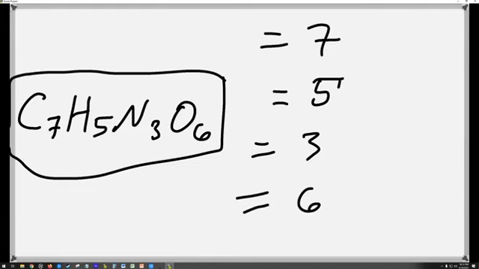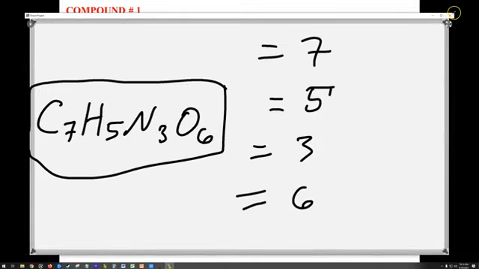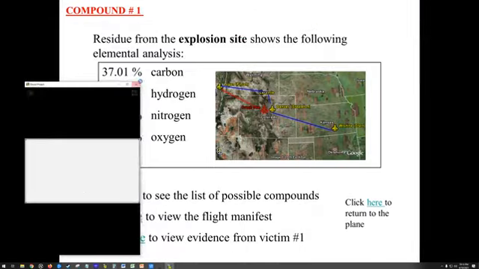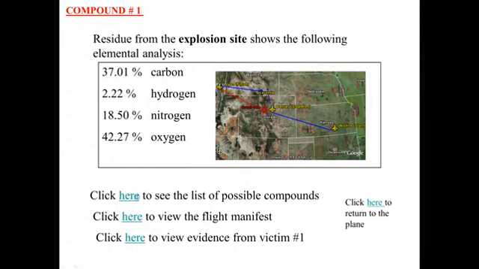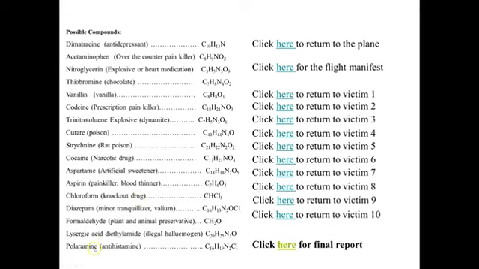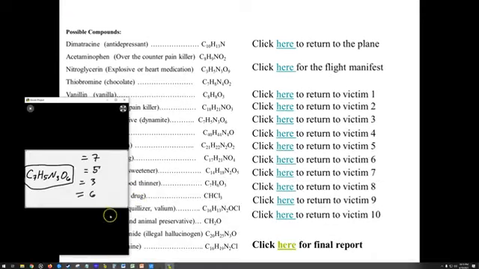So if your job is to identify compound 1 found at the explosion site, take a look. Let's see if I can make this smaller without closing it. There we go. C7H5N3O6. We're going to look at the list of possible compounds.